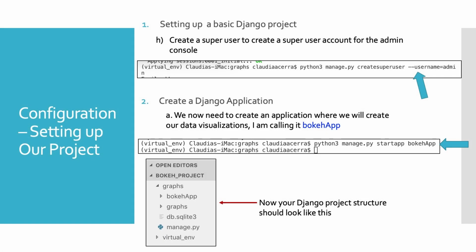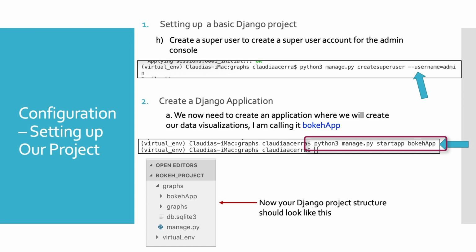The first step on this page will be creating our superuser account for our Django project. python3 manage.py createsuperuser, give it a username, and then follow the instructions to create a password. You don't have to put in an email if you don't want to. Right after that, we'll create our application. Here, it's python3 manage.py startapp, and then give it a name.